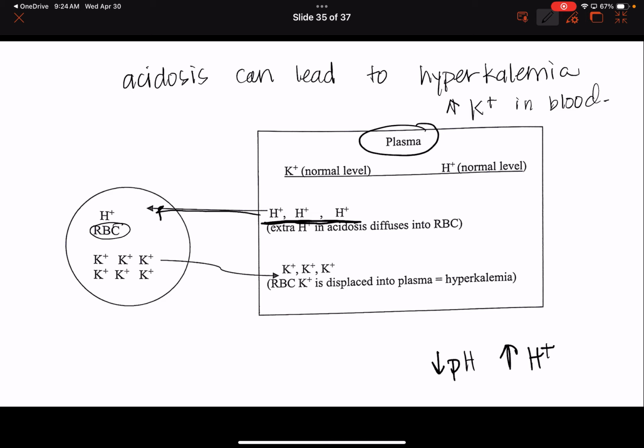So that is the most available positive ion that we have. So when we're bringing in excess hydrogen ions because of the acidosis, we end up exchanging it for potassium. And then we end up with too much potassium displaced into the plasma, causing hyperkalemia. Okay? And hyperkalemia can lead to fatal arrhythmias.